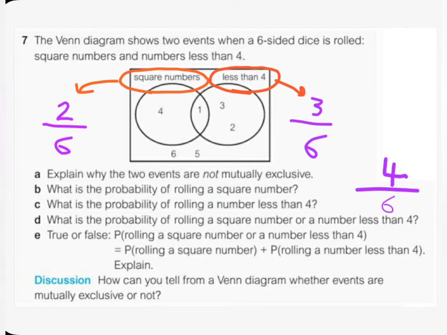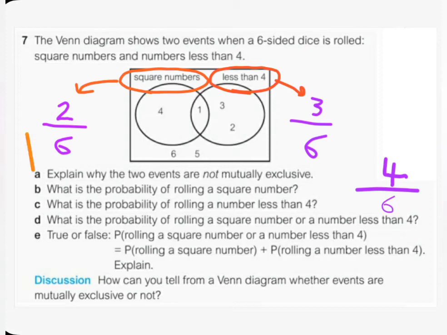Now the question says, true or false, probability of rolling a square number, or number less than 4, it's this one, equals probability of rolling a square number, which is this one, plus probability of rolling a number less than 4, which is this one. Is that correct?